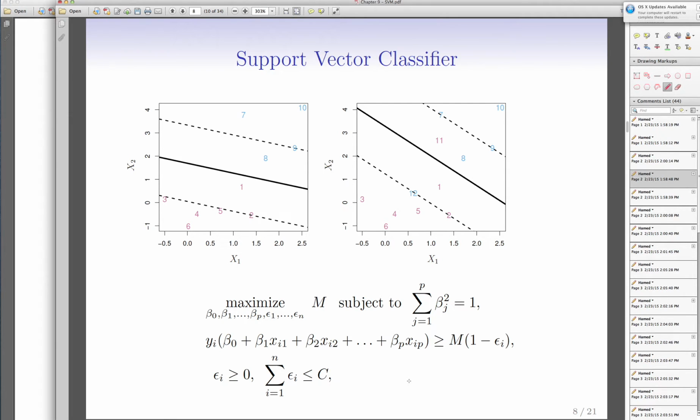The idea here is, before we didn't let the margins have any observation inside. Now we let margins have these observations inside, and each time it has one, we put some penalty on it. So here, look at this 8. 8 is inside its margin, so it is classified correctly in this classification problem.